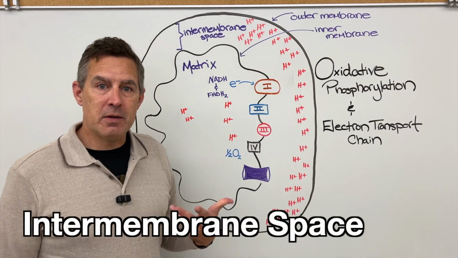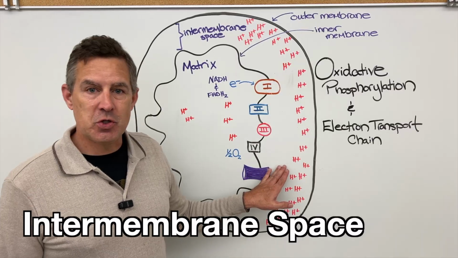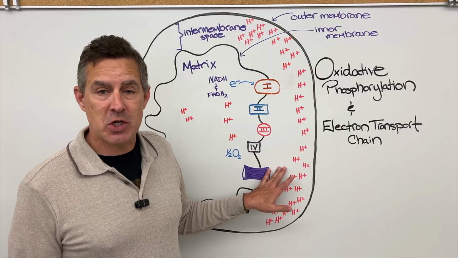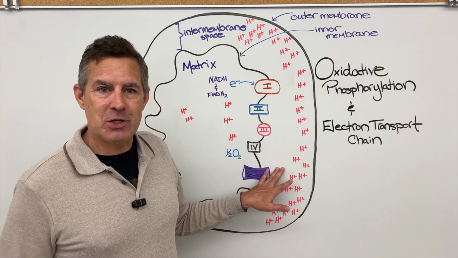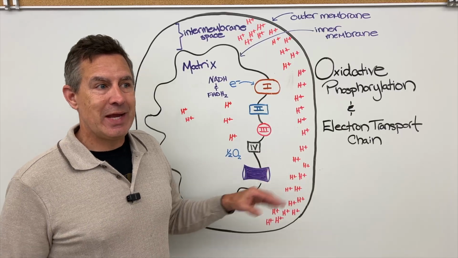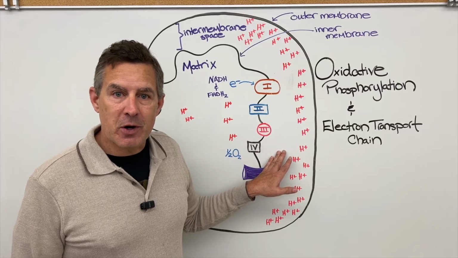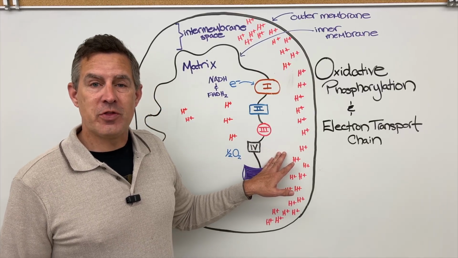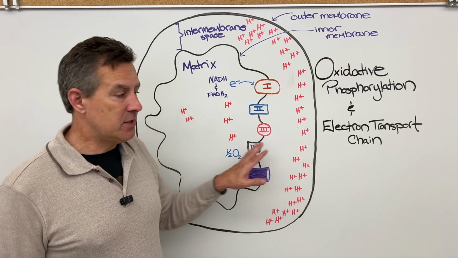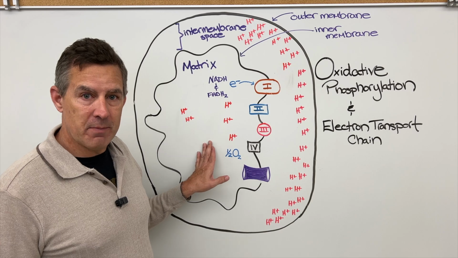Now, one thing we can see already within this image is that there is a super high concentration of the hydrogen ion within the intermembrane space. Keep in mind, inter means between, so intermembrane is between the two membranes. There's a super high concentration of hydrogen ions or protons within the intermembrane space, and a much lower concentration of hydrogen ions within the matrix.